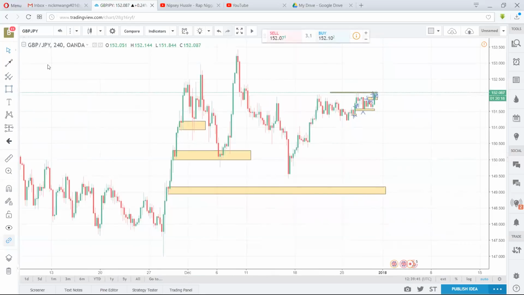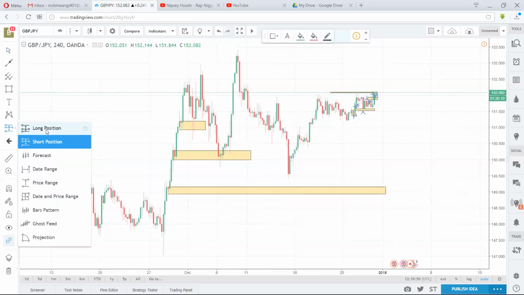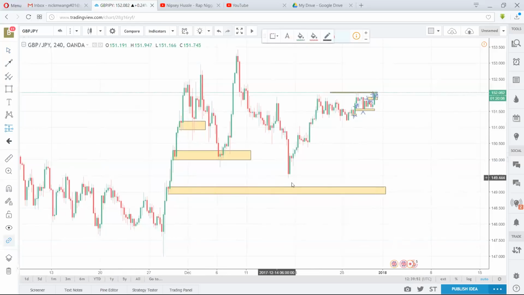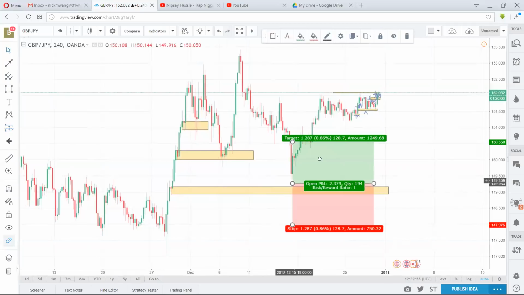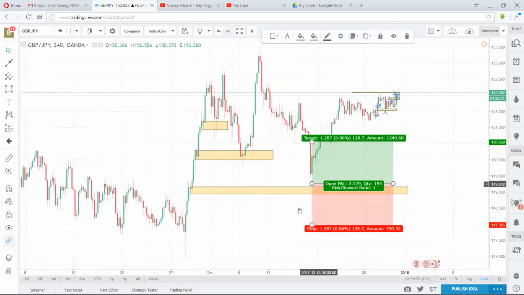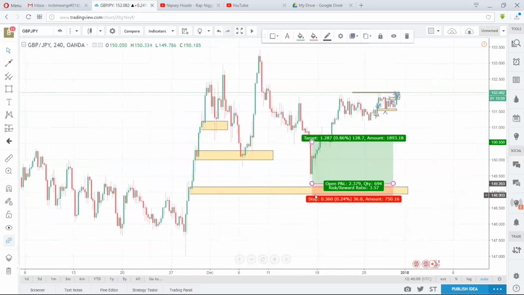So I do the same thing, and then now you see the risk and reward. These are long positions. So if I was taking a trade here, I would wait for the price to come to this zone, and then the stop loss will be here. So that will be my risk to reward.